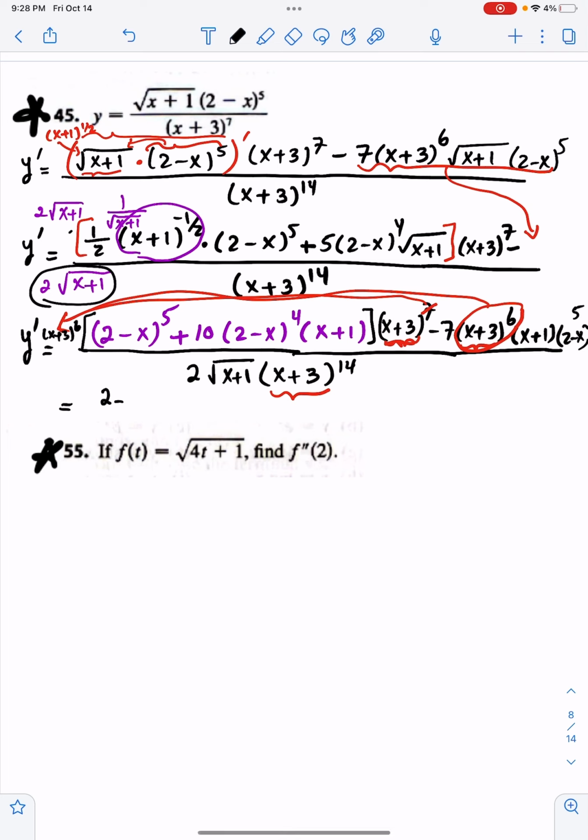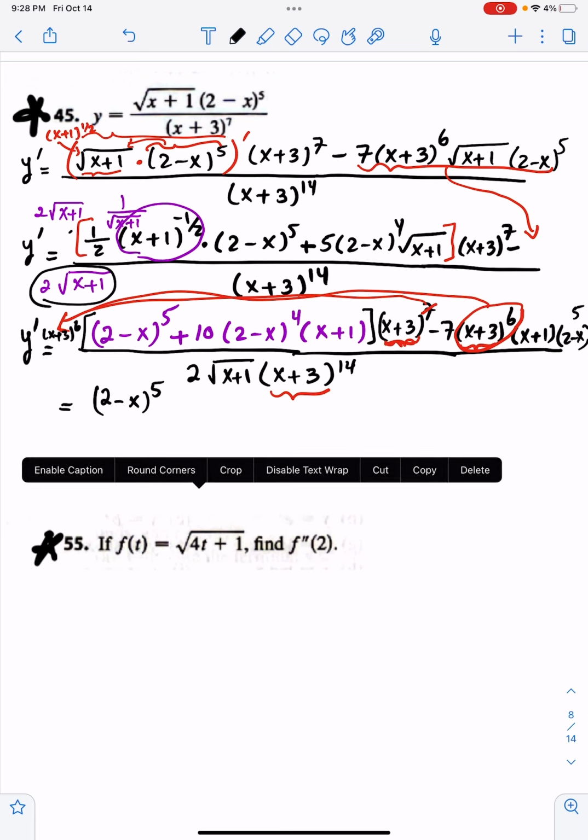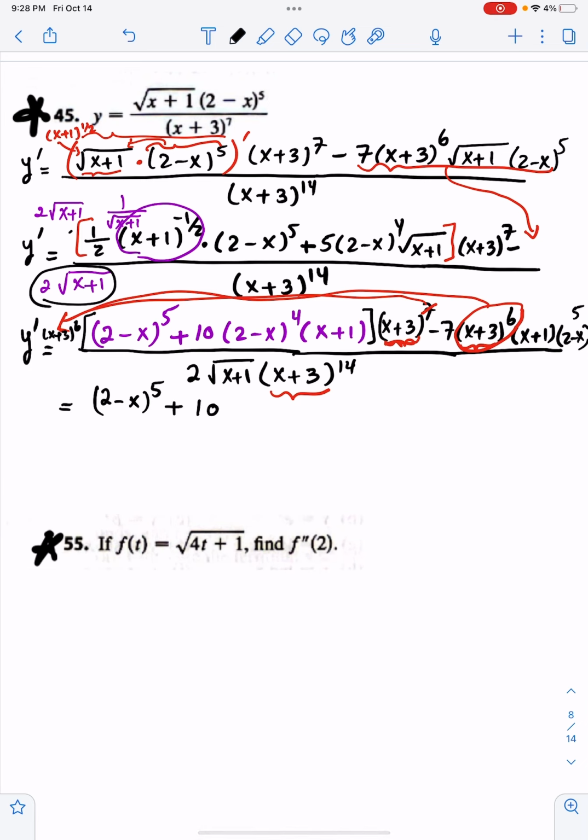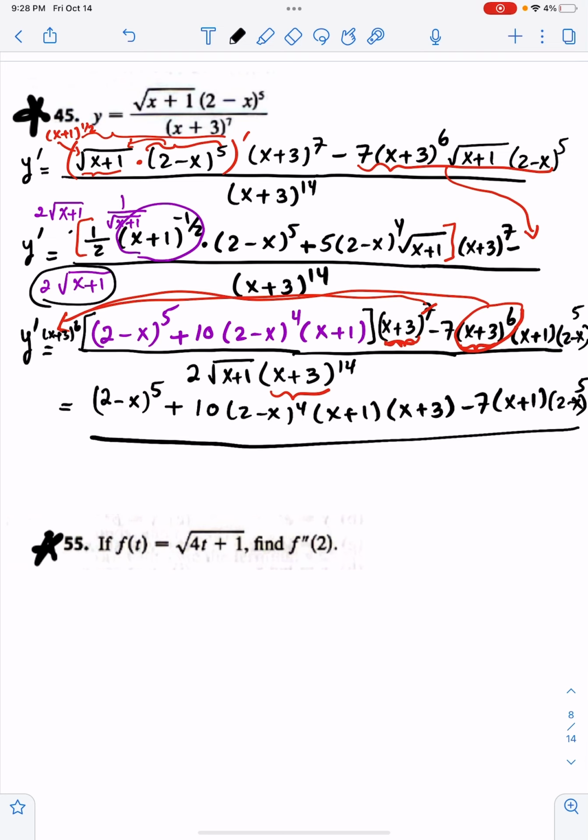Okay, so rewriting it, the final would be (2 minus x) to power 5 plus 10 (2 minus x) to power 4 times (x plus 1). And again, you can simplify this a lot more depending on how much time you are putting into simplifying. (x plus 1)(2 minus x) to power 5, all over 2 radical x plus 1 and then (x plus 3) to power 8.